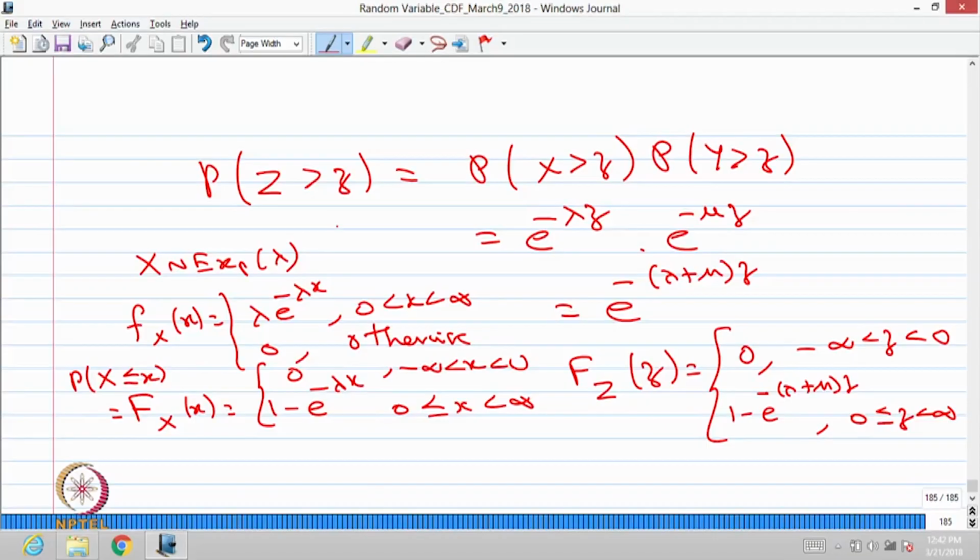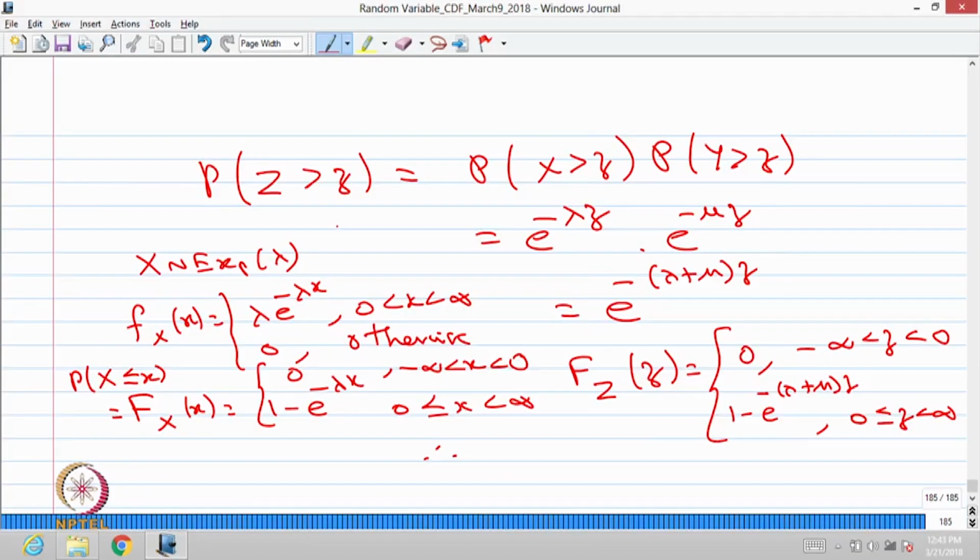So this is the distribution of Z; here, distribution means the CDF. On this page itself you can compare: when X is exponentially distributed, the CDF is 0 from minus infinity to 0, then from 0 to infinity it is 1 minus e power minus lambda x. It is in the same form. Once two different random variables have the same form of CDF, we can conclude both have the same type of distribution.